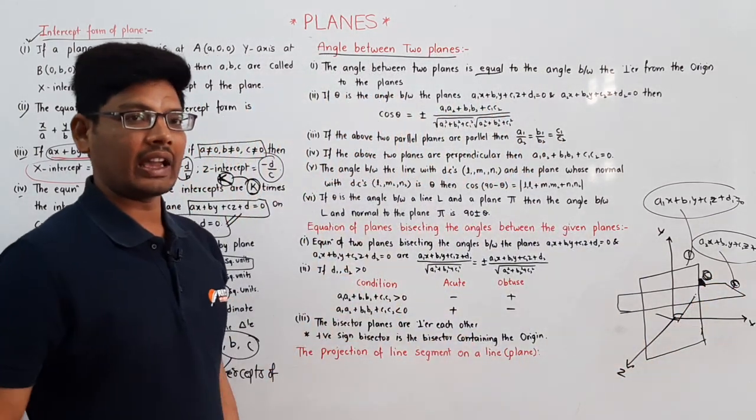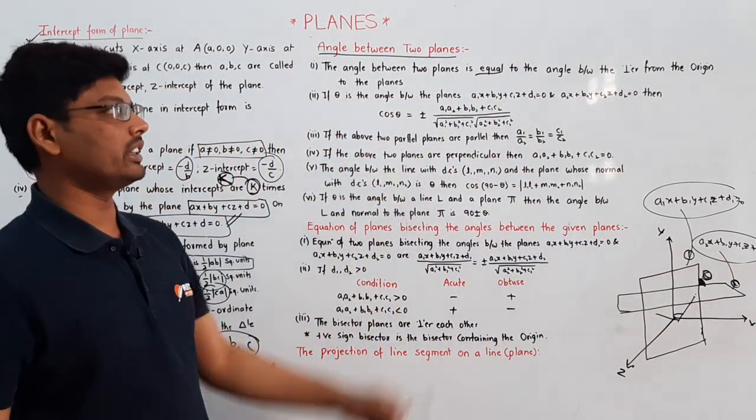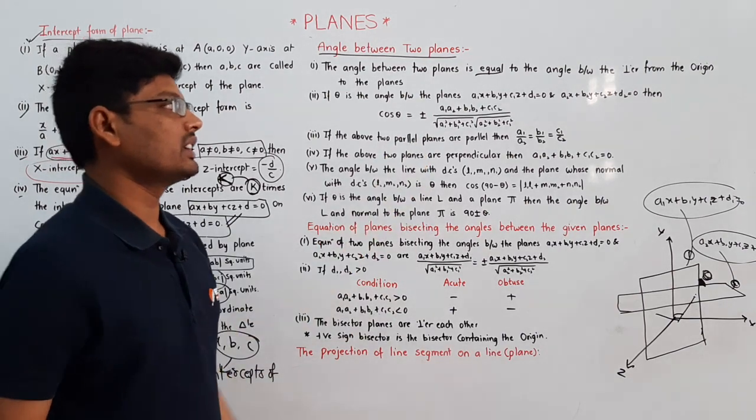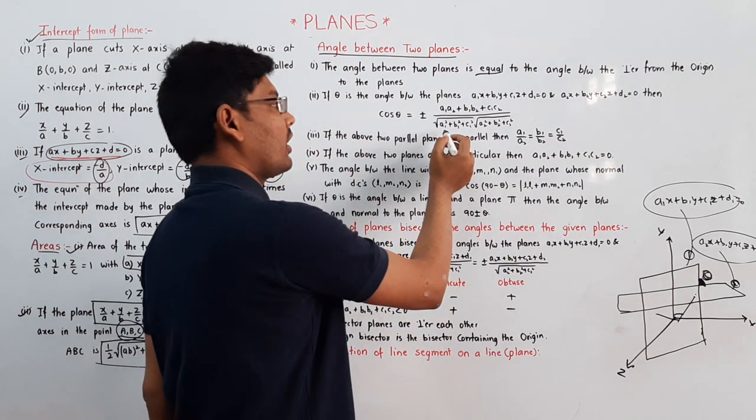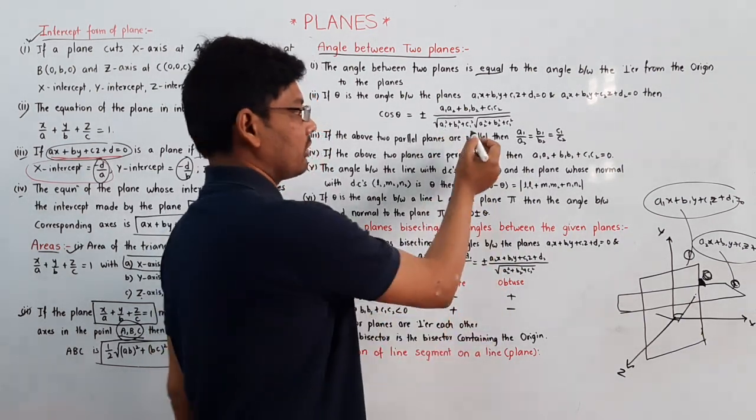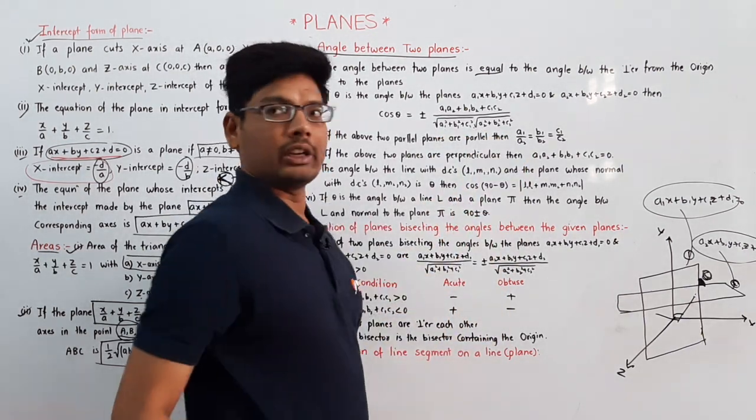If you want to find the angle between these two planes, then cos theta is equal to plus or minus a1 a2 plus b1 b2 plus c1 c2 by square root of a1 square plus b1 square plus c1 square into square root of a2 square plus b2 square plus c2 square.